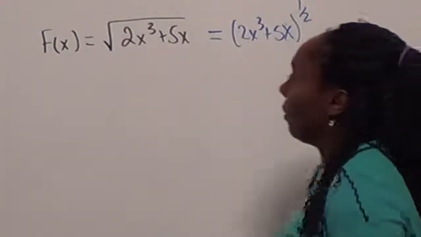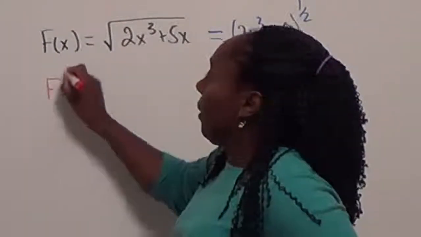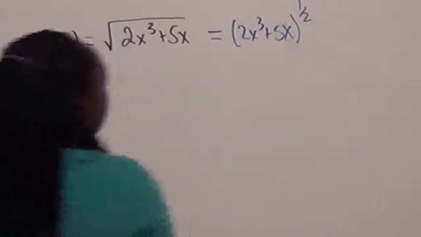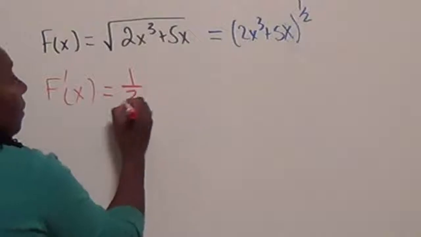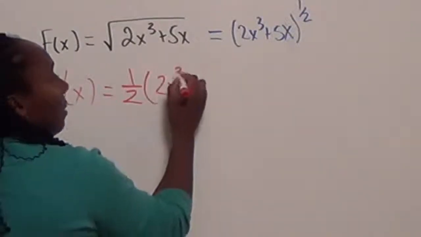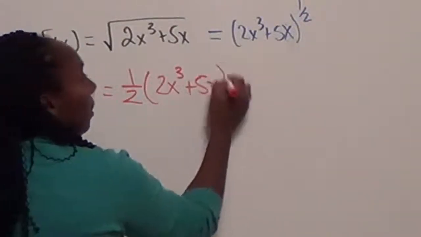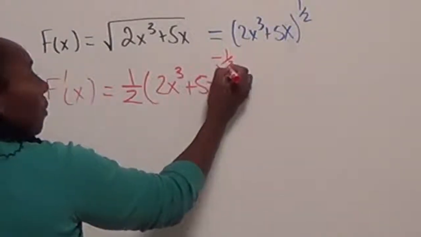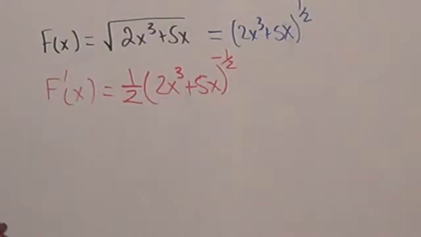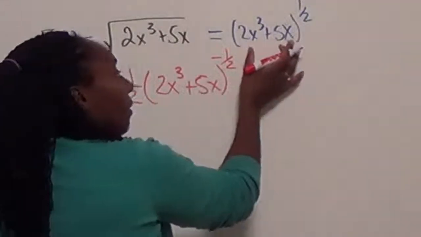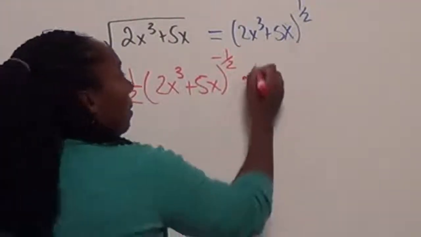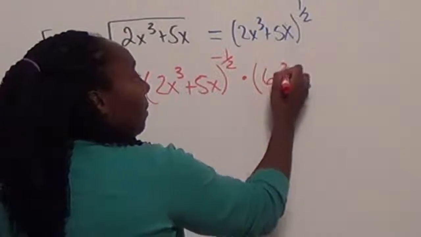So just like before, to get my derivative, I can think of bringing the power down front, leaving the inside alone, and subtracting 1 from the exponent. So there's my f prime of g. Now I need to multiply by g prime of x. So multiply by the derivative of the inside piece, which will be a 6x squared plus 5.